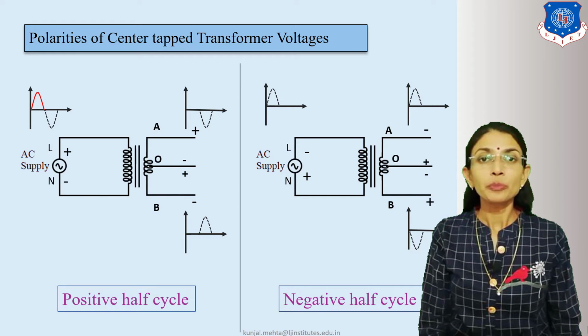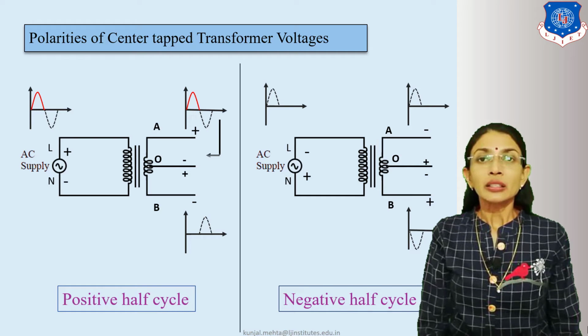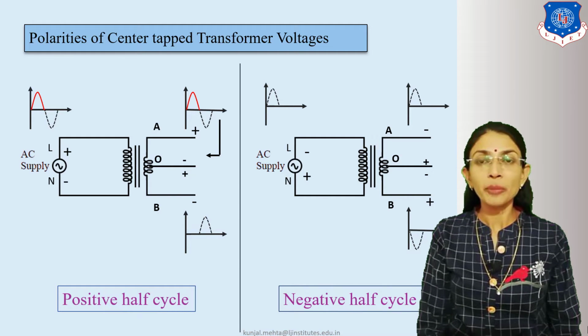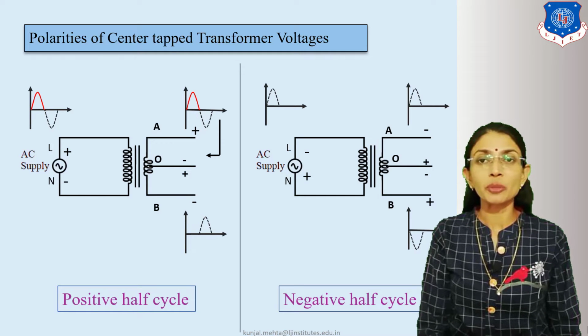If the positive input cycle is applied, then the output will be positive only for the upper half portion of the center tap transformer. Look at this. This is the upper half portion of the center tapped transformer. It will be across A, O. So A is positive and O is negative.